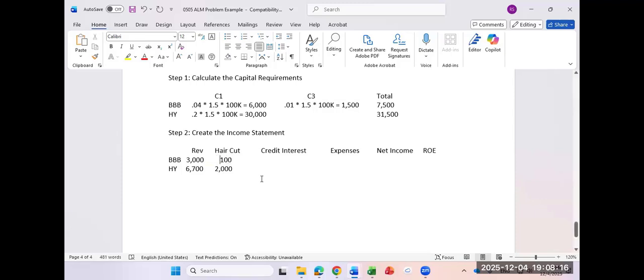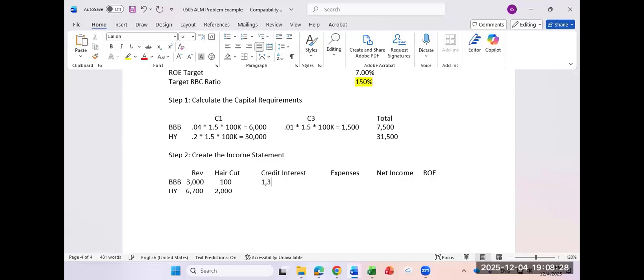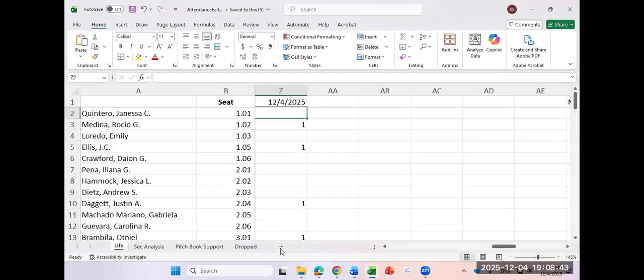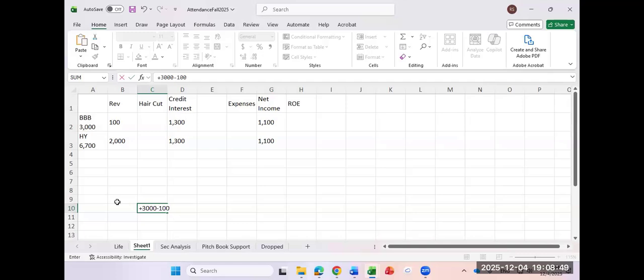Your interest crediting expense, the nice thing about those is it's the same for both. So 1.3% and 1.1%. So we use those two numbers, 1,300 and 1,100. So those will be the same. And your net income, who knows? So 3,000, you just subtract everything, minus 100, minus 1,300, minus 1,100. 6,700 minus 2,000 minus 1,300 minus 1,100.